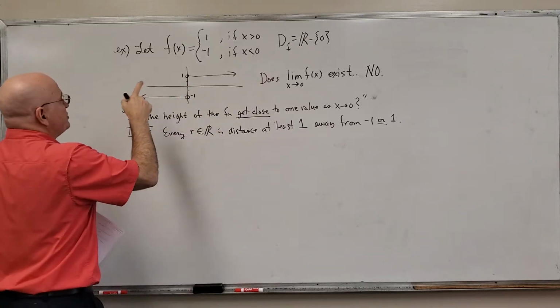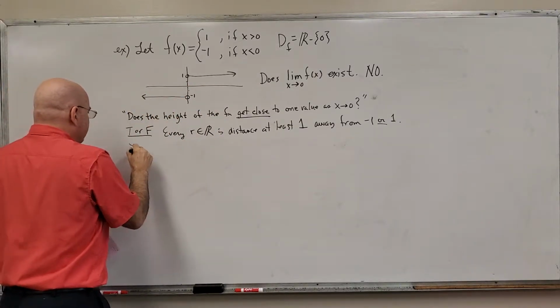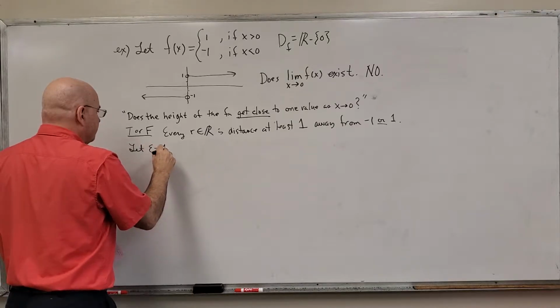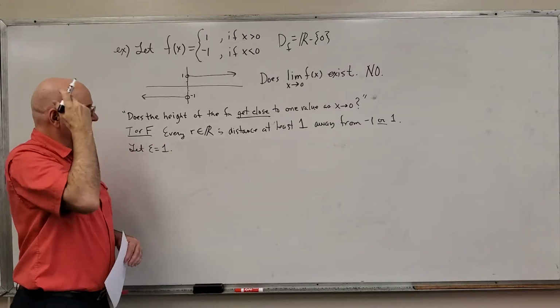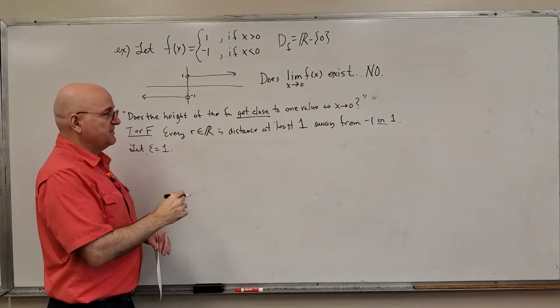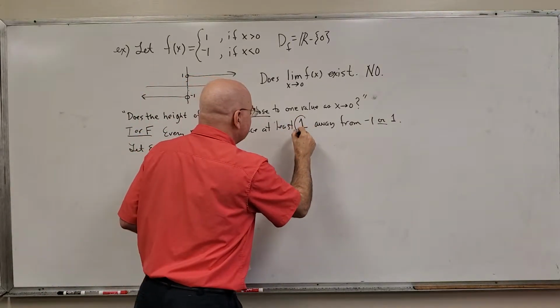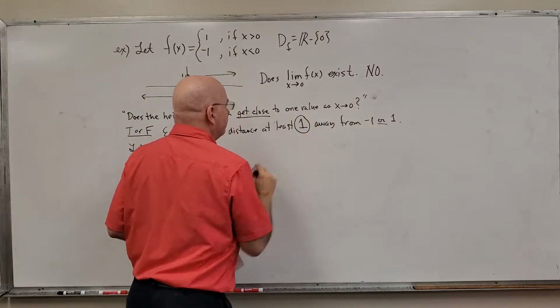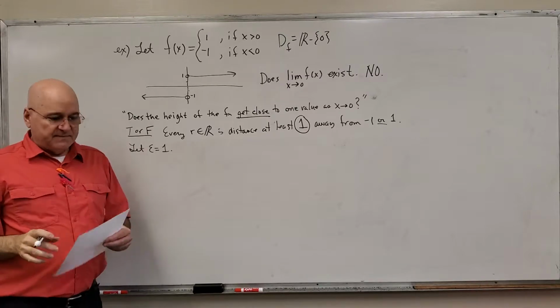Okay, so to show this, I'm going to say let epsilon equal 1. And you'll see that I chose 1 because of this 1 right here. Let epsilon equal 1.